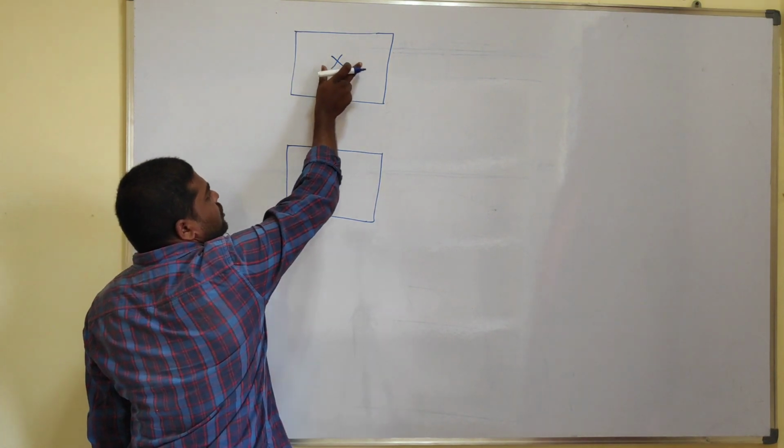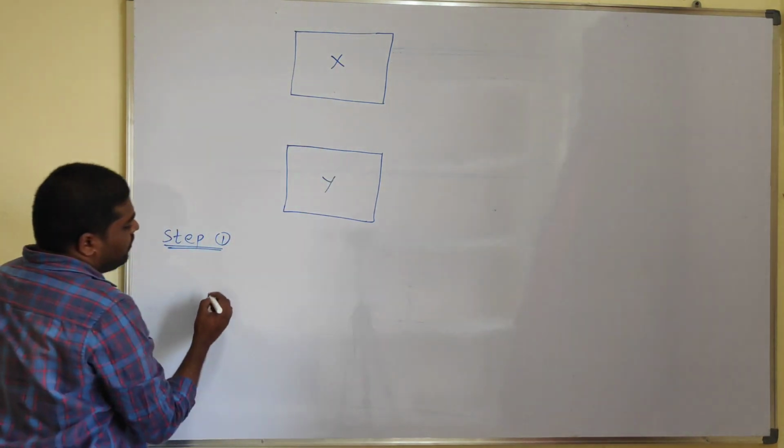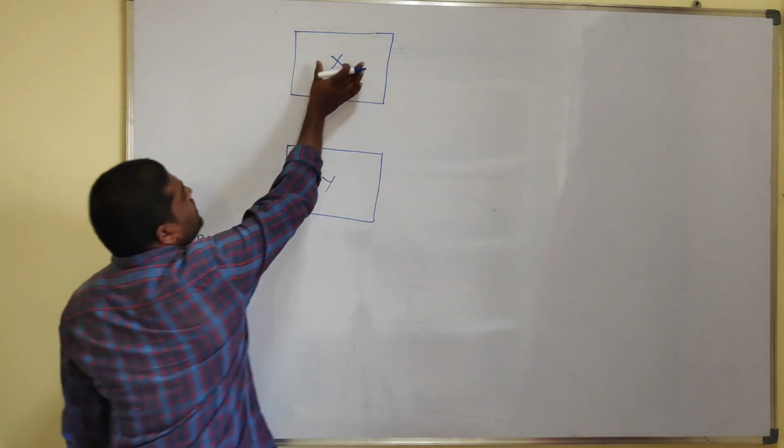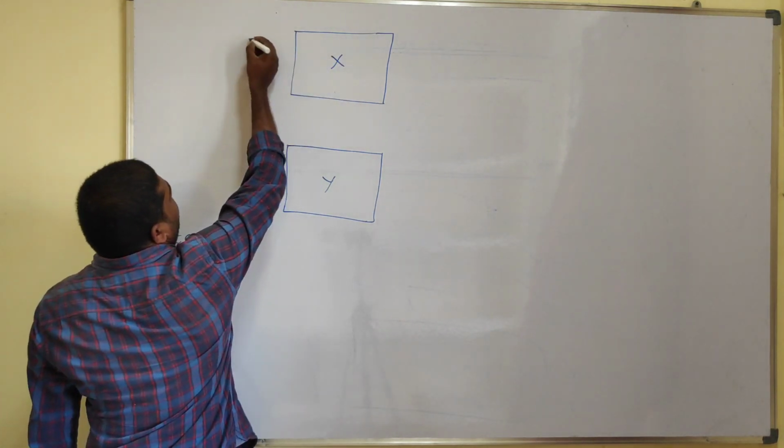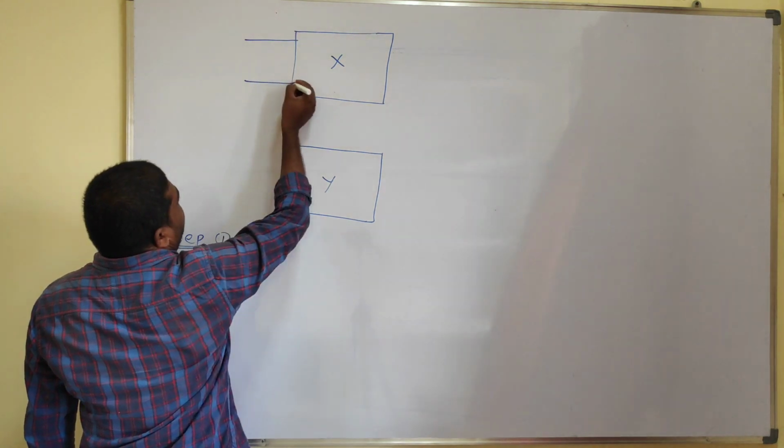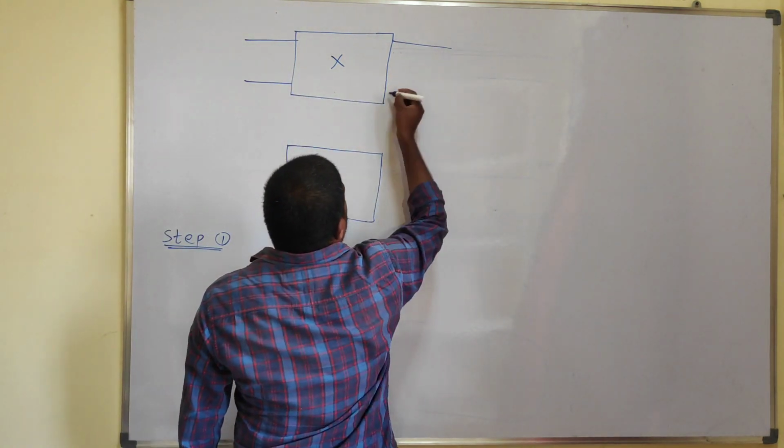For the X two-port network we have two ports, port 1 and port 2.